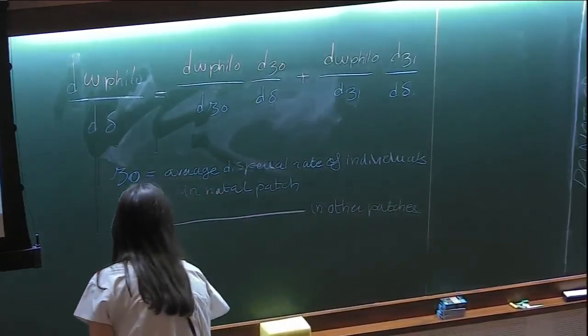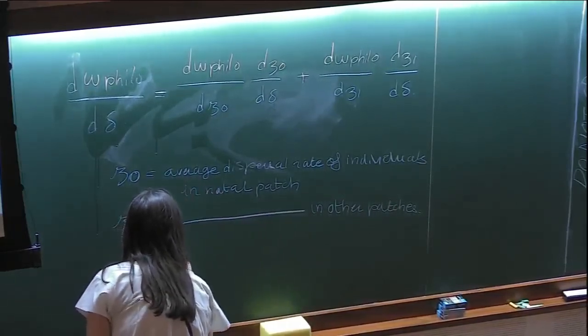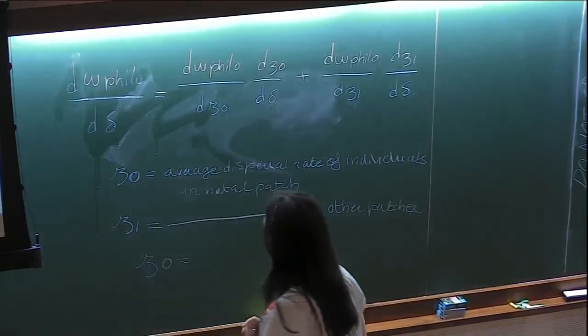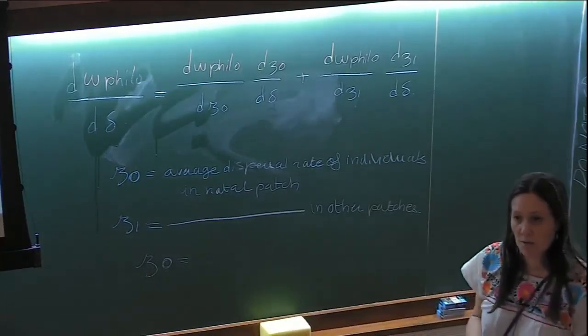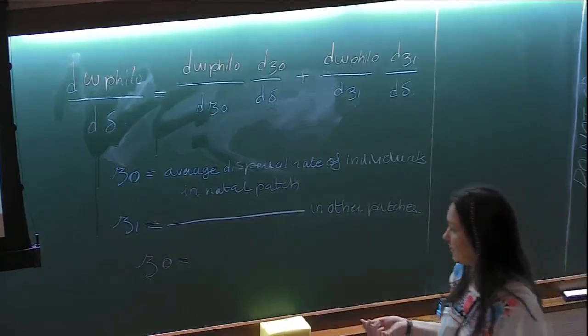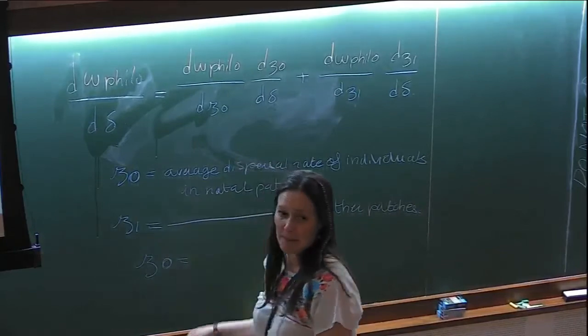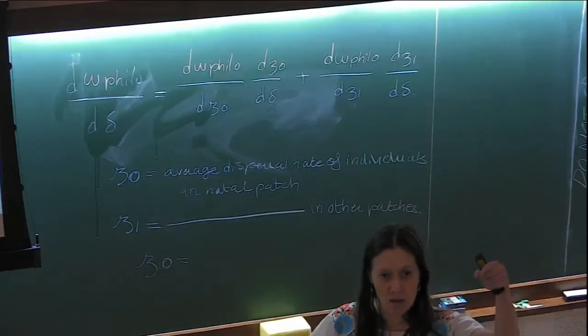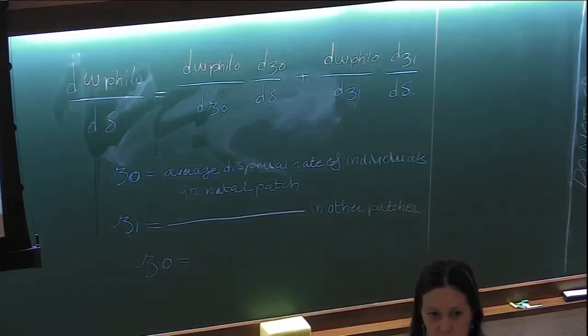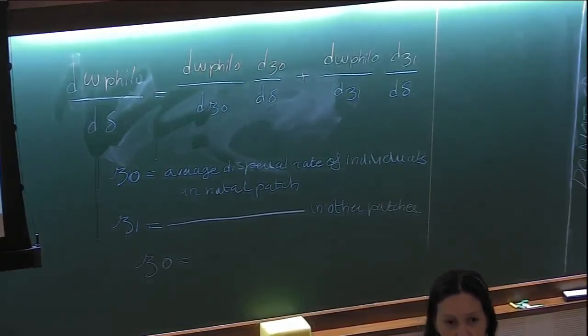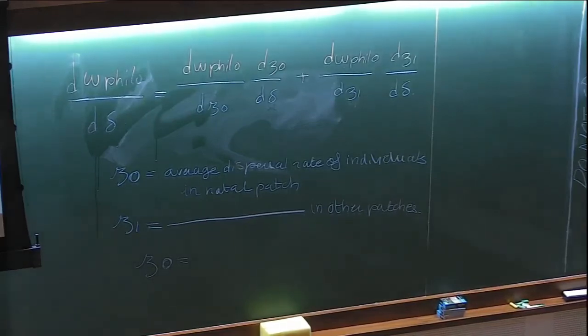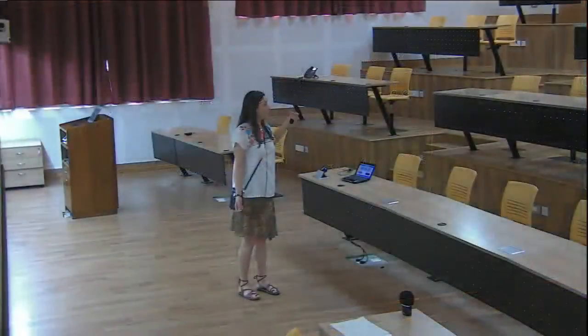The reason is this: if you compute the average dispersal rate of individuals in the same patch as you, and I draw some other individual in the same patch, this individual may carry a different allele, a different genotype than you, or it can have the same genotype as you.